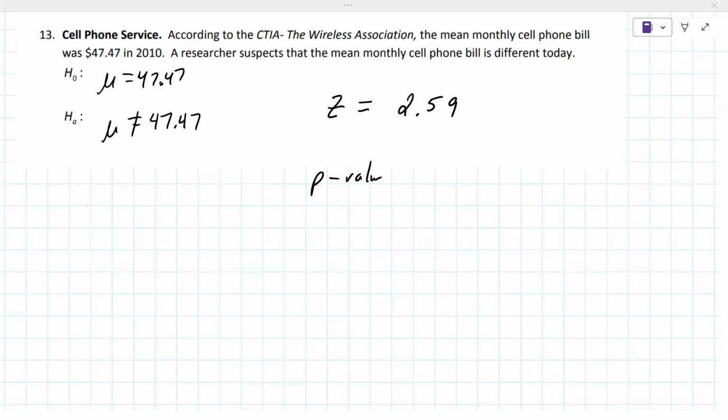Try to think about whether it's a one-tailed or a two-tailed test.